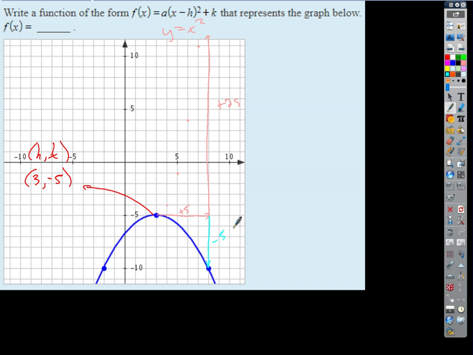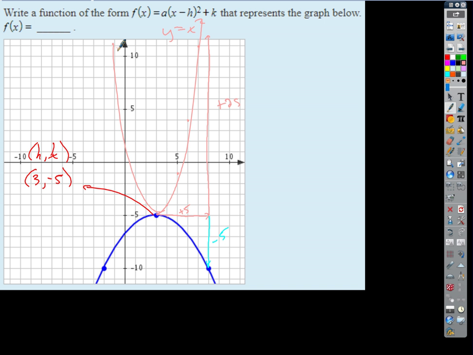So our dilation factor must be whatever we multiplied the original y value by on our parent graph that goes way up there. Whatever we multiplied that by to get our new y value.